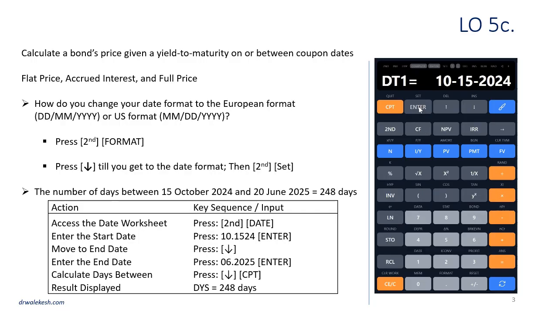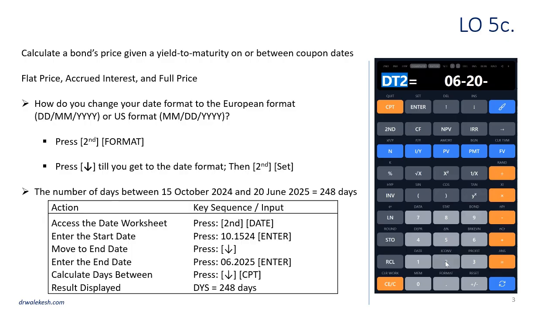Enter. So I'll press the arrow pointing down. Now I have the end date. That's 20th June 2025. So June is the 6th month. So I will have to press 06, dot, 20, then 2025.